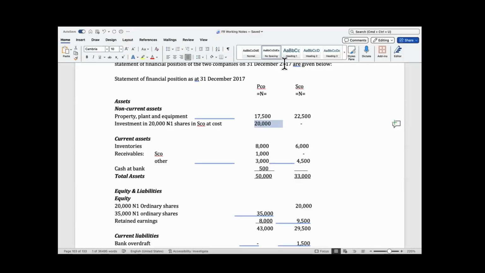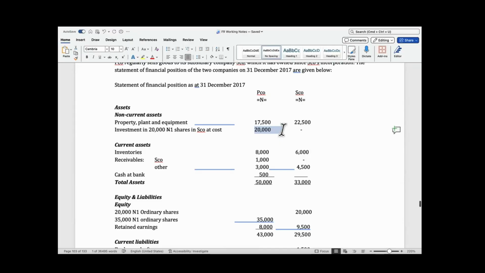Oh, thank you very much, sir. It's well understood. But a number of us pass through FR and we are in professional, and some of these things, like you said, is routine. We are just given it to use in the exams. But it's a bit confusing for me now, based on what you've said, because if ESCO was incorporated since incorporation, and they have this 9,500, because from what we are also told, retained earnings computation is as at the reporting date.